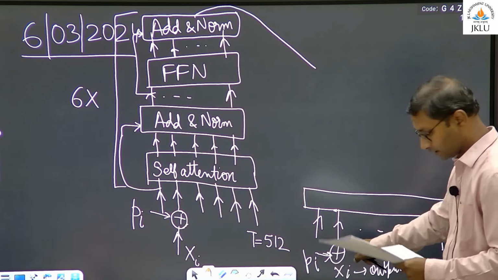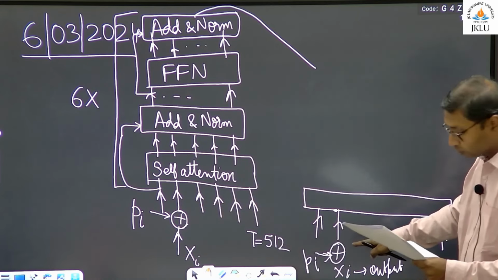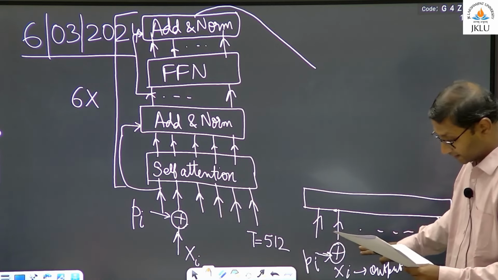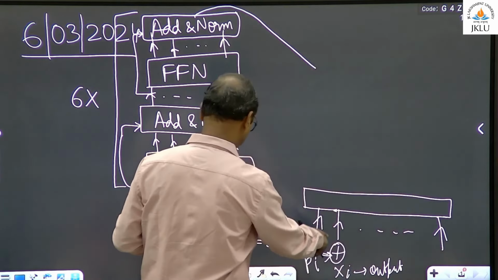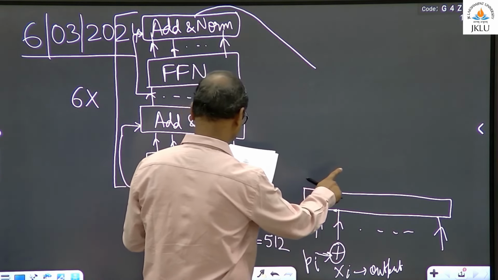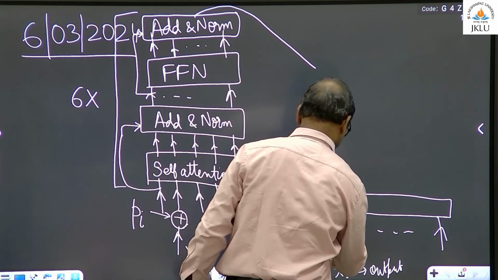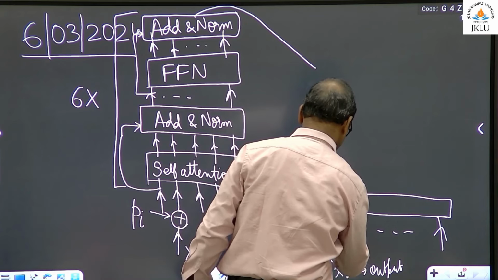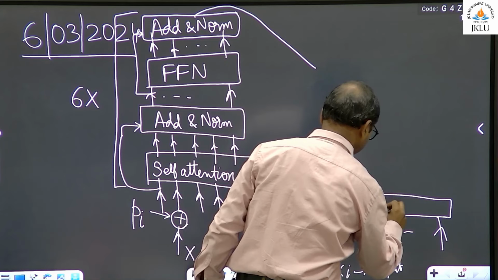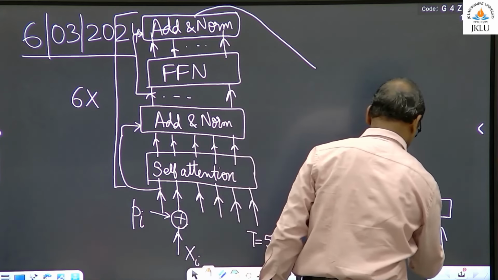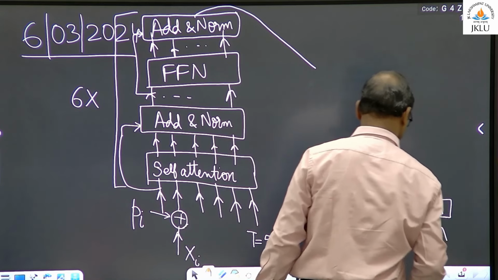Okay, this is something I need to talk about. Input embeddings are fine. These are output embeddings shifted right. And what we have in the first thing, after positional encoding, you feed it and what you get is masked multi-head attention.